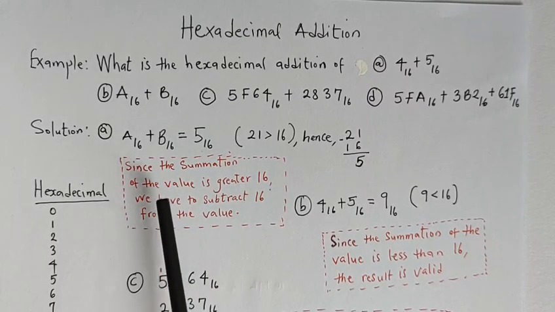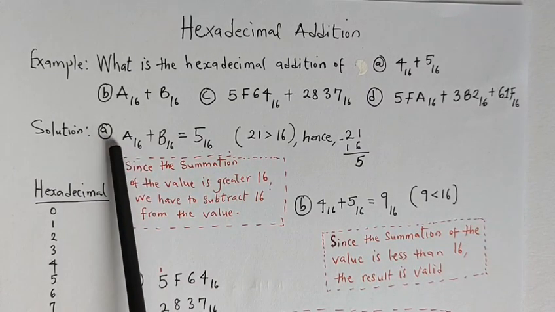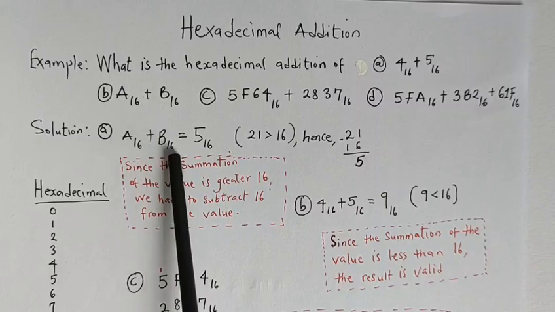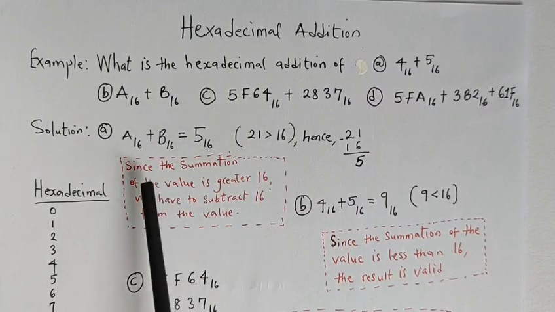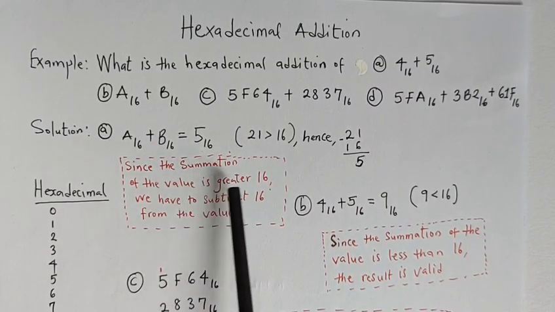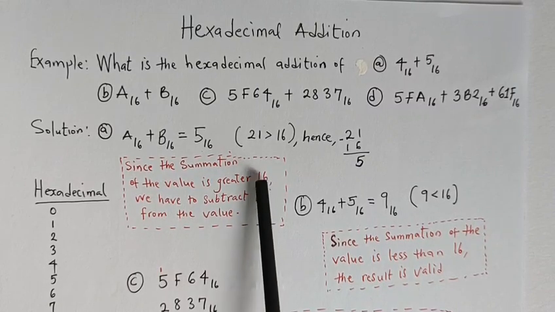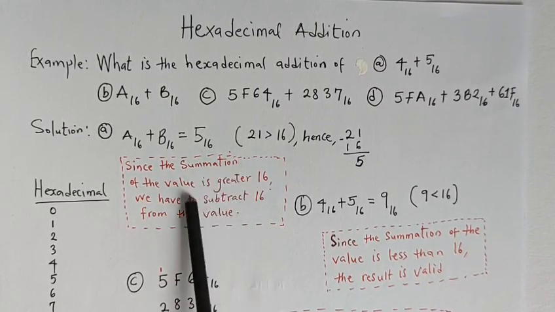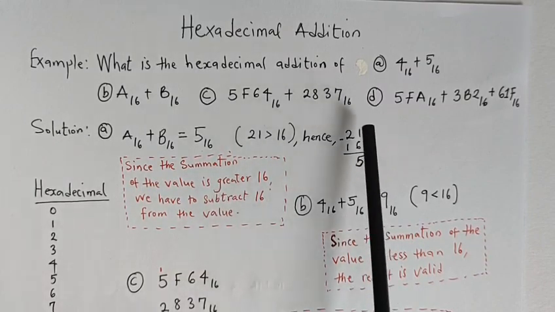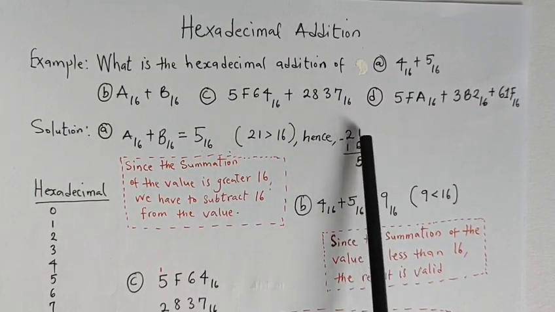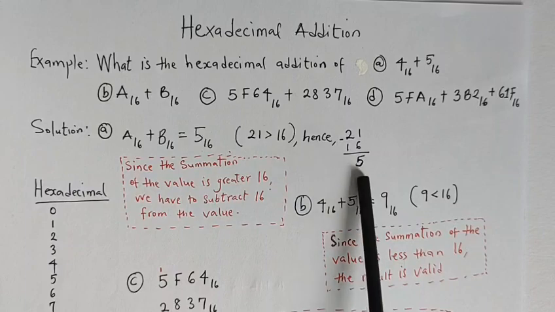But when we compare with the previous example, which is A base 16 plus B base 16 equals 5, what we notice is that the summation of the value is greater than 16. In that case, we have to subtract 16 from the value. This is what we did in the first operation, where we carried out 21 minus 16, which gave us 5.